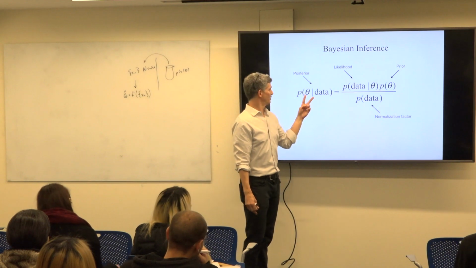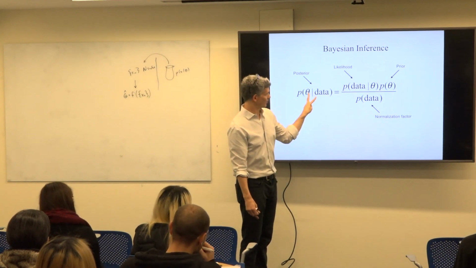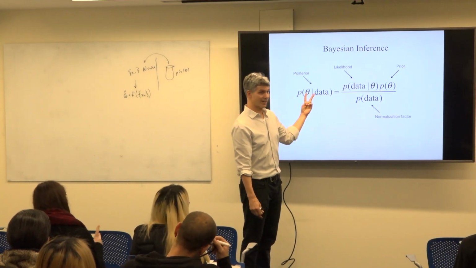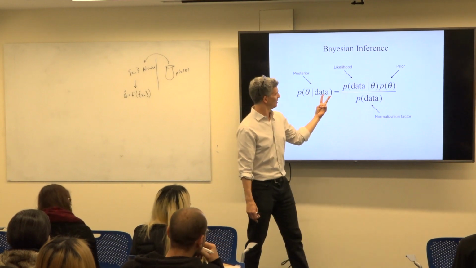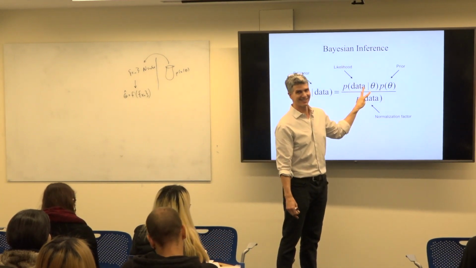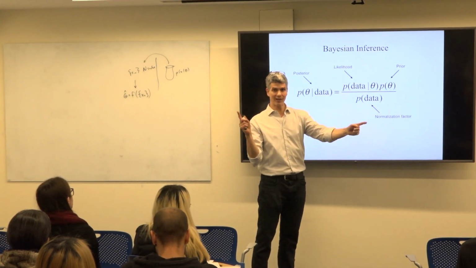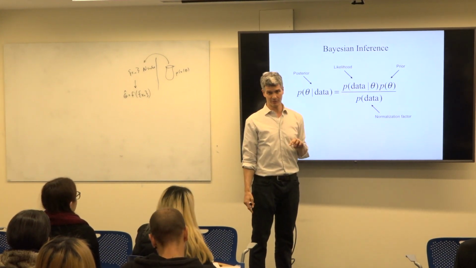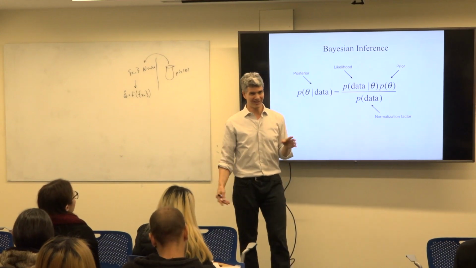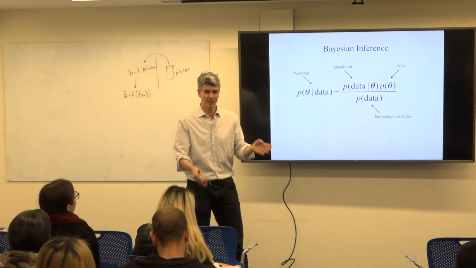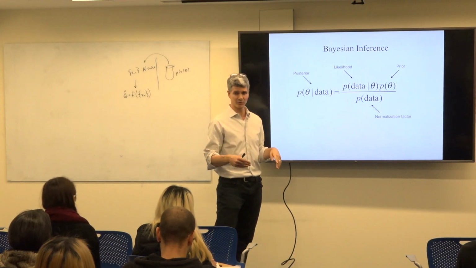And the way to go between this thing and the flipped version of it, this is p of theta given data, and this is p of data given theta, right? These are the same, except they're backwards. The data and the theta have been swapped, so how do I go from one to the other? That's Bayes' rule. It's just the definition of conditional probability, and you've already seen this, probably before you took this course.